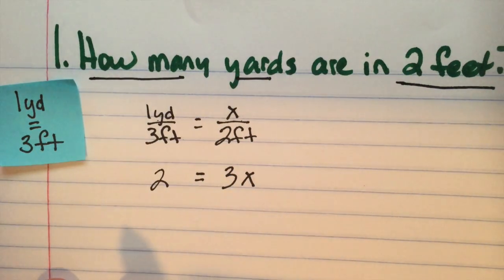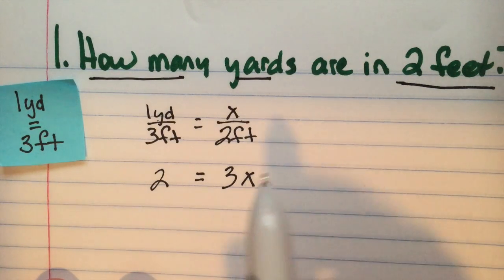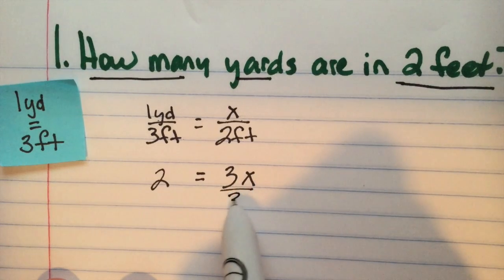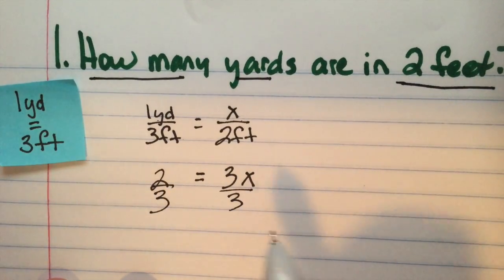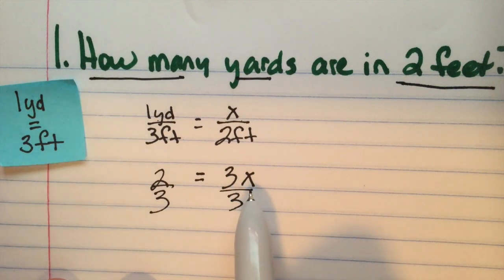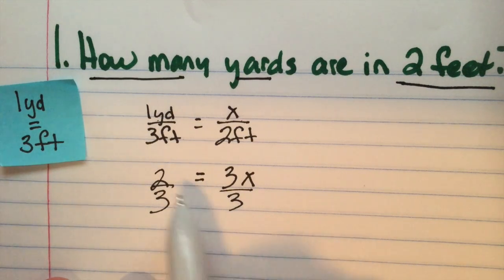Now all we need to do is solve this simple equation. In order to do that, we need to divide both sides by 3. Why divide? Because the 3 and the X are connected by multiplication. So to isolate X, we must divide by 3 on both sides.